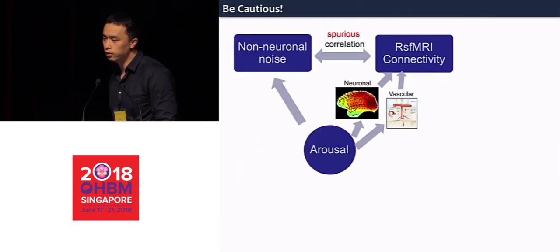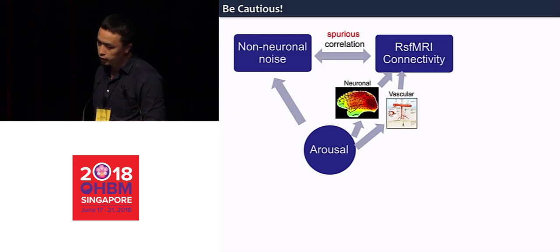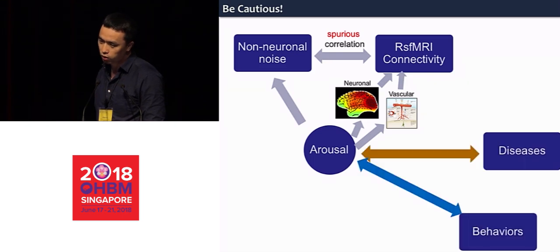Okay, so far we have this figure, but this is just one demonstration. The same thing could apply to other things, because arousal is a very complicated factor. Some diseases have very different arousal, and it also affects behavior.